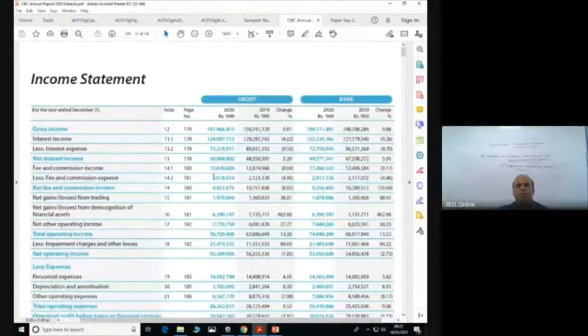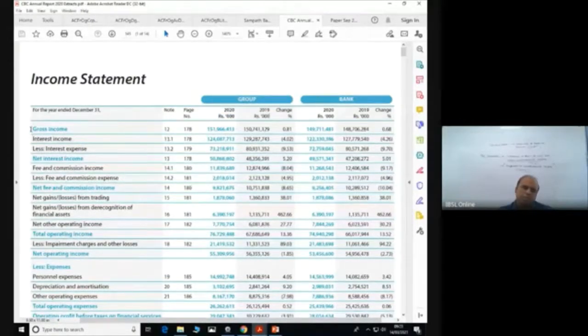Right. So income statement, they call it income statement. For the year ended December 31, 2020 is there, 2019 is there, group and bank is there, notes is there. Then you have this rupees 1000, you see. So they are also showing it in thousands.